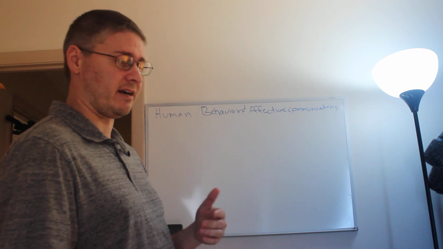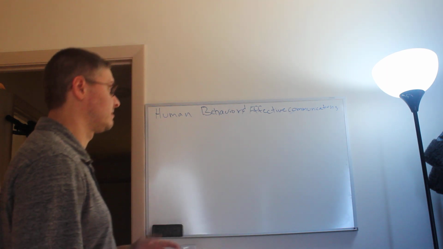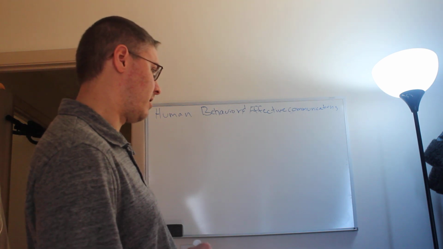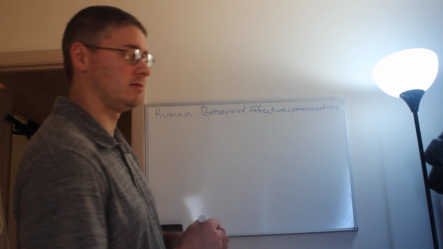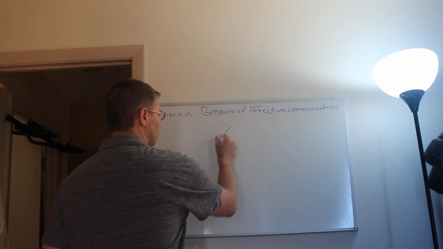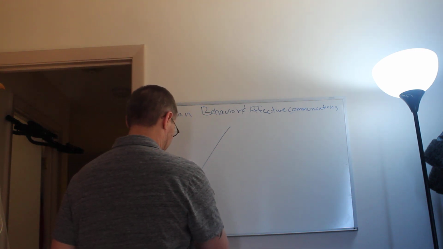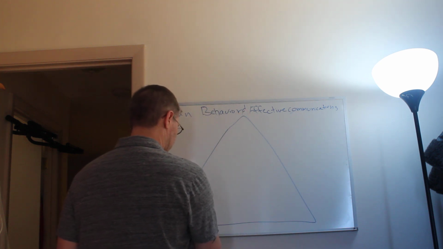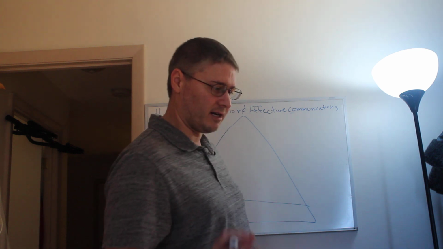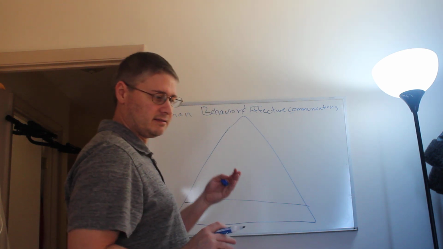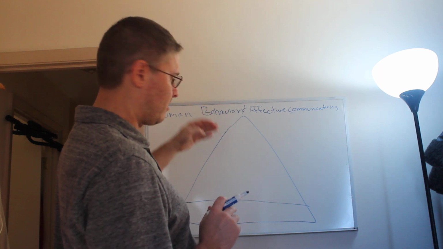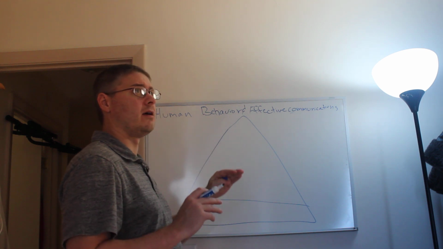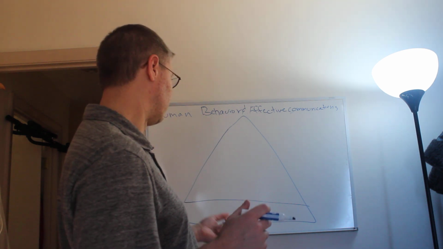certain needs that have to be satisfied, which will bring us into the next topic, the hierarchy of Maslow's human needs. He created this pyramid that I'll draw out here. What this pyramid does is give us an order of importance of things that you must satisfy in order to be able to learn.